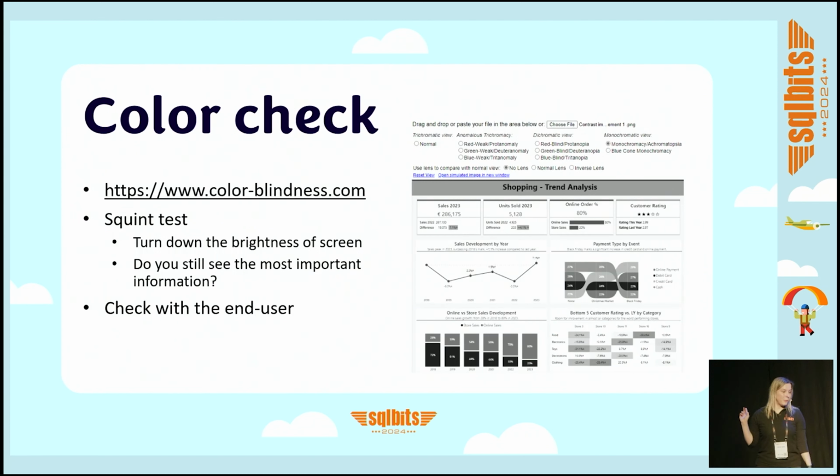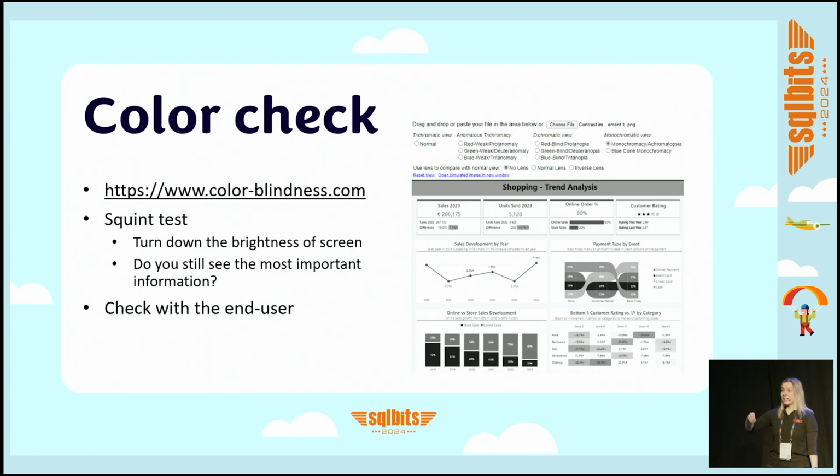Also, something really, really nice I want to show you is there's a website, colorblindness.com, where you can actually put in screenshots of everything, but in my case, reports. And you can upload them, and then you can check for some types of colorblind, not all, but for some of them, and see how someone else sees your report.